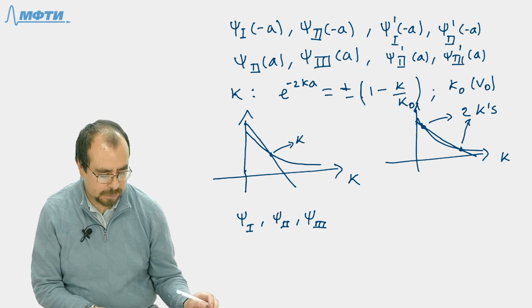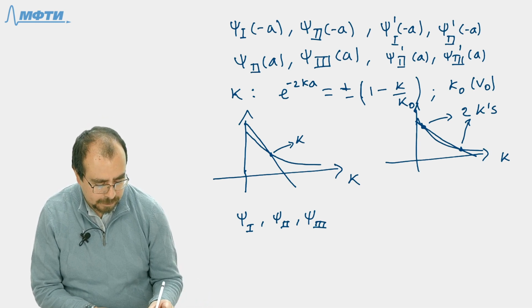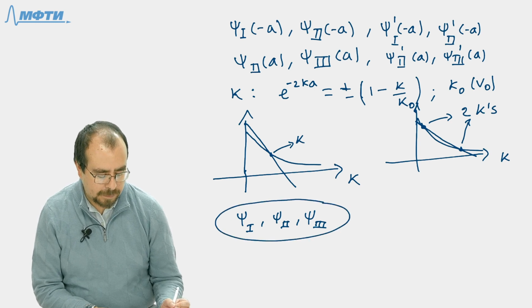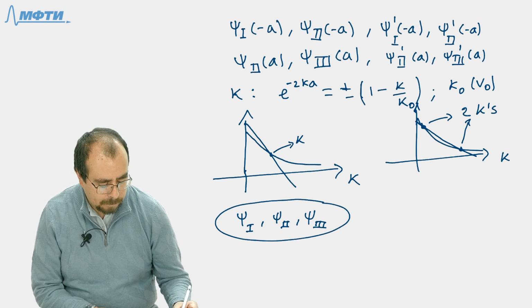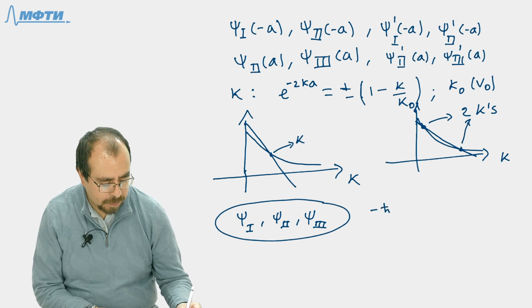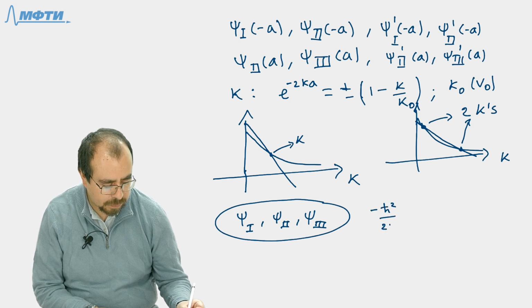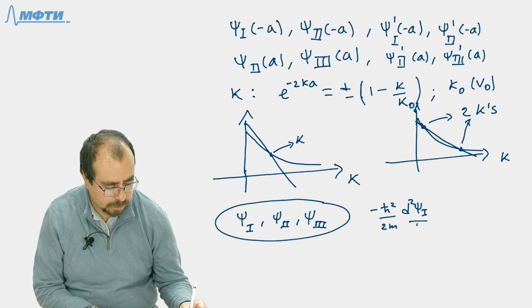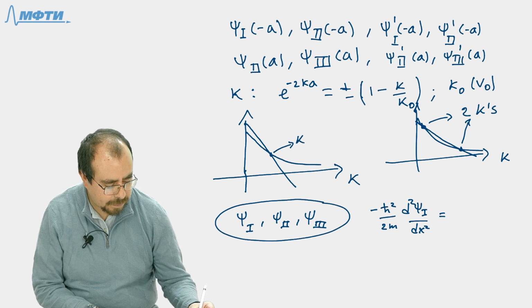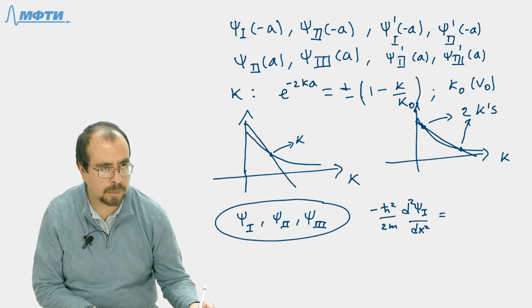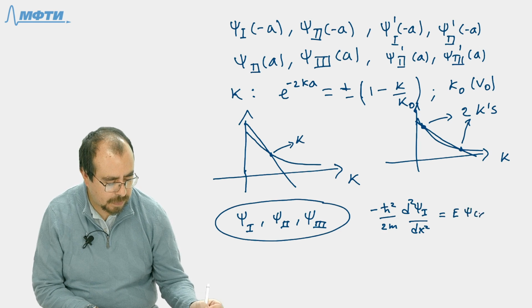If you substitute any of these wave functions in the Schrödinger equation outside of the borders, for example in region 1, where x is different from the border, so different from minus a, then we will have this equal to the energy times psi of x.